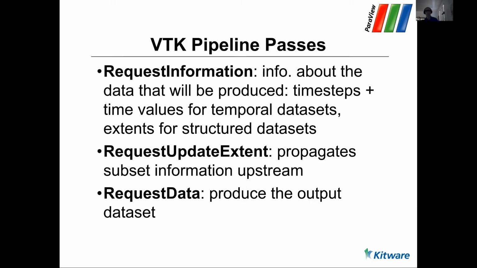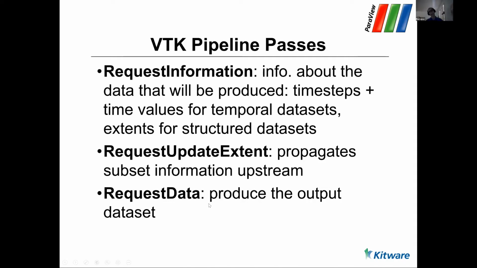The way this works is each filter receives from the output what's the data required, and based on that is going to pass to its input filter upstream what kind of data, what kind of subset it needs. So it receives what is required from downstream, and it passes upstream what it needs. That's the request update.